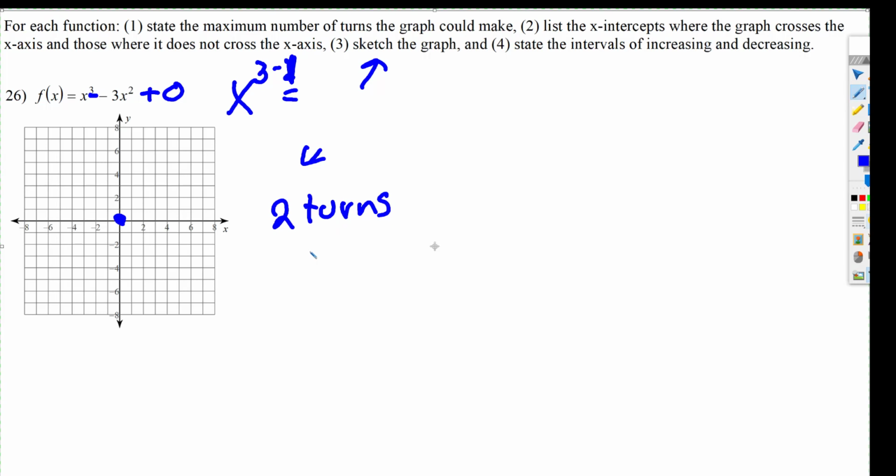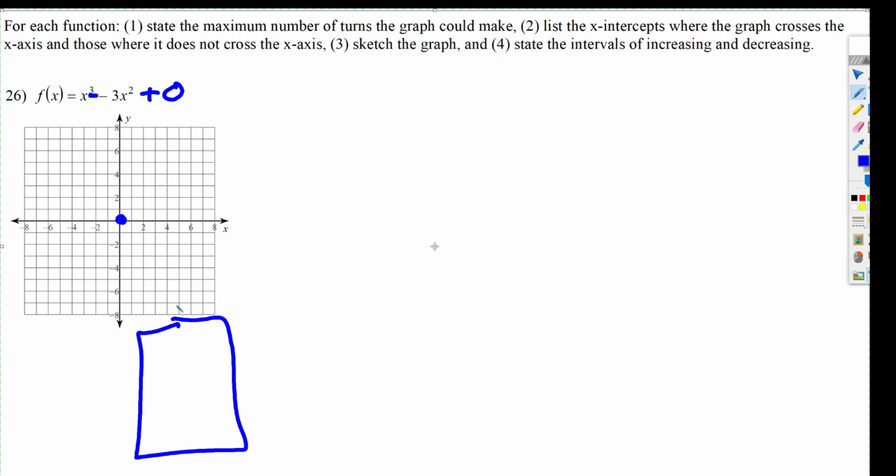Now, I don't know exactly what it could look like, but it could look something like this. If you want to be more precise, pick 1 or 2 points. We know it touches at 0, and the y value is also 0. So I would plug in maybe 1 and 3 and -1, -3.